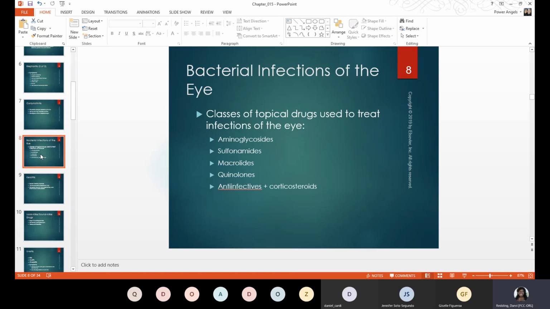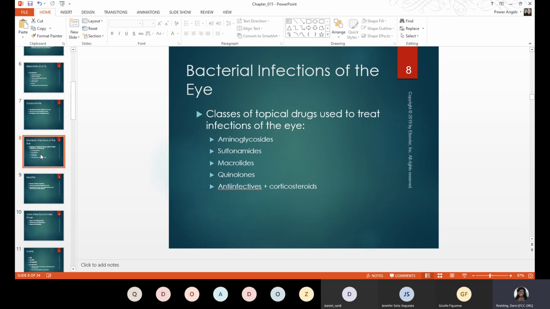So continuing learning about the bacterial infections of the eye, you have different classes of topical drugs that are used to treat the infections of the eye. When we talk about different types of drugs, we're talking about different classes. If there is a bacterial infection, a common drug that's used is antibiotics, but all antibiotics are not the same because they're going to do different things to help treat a bacterial infection.